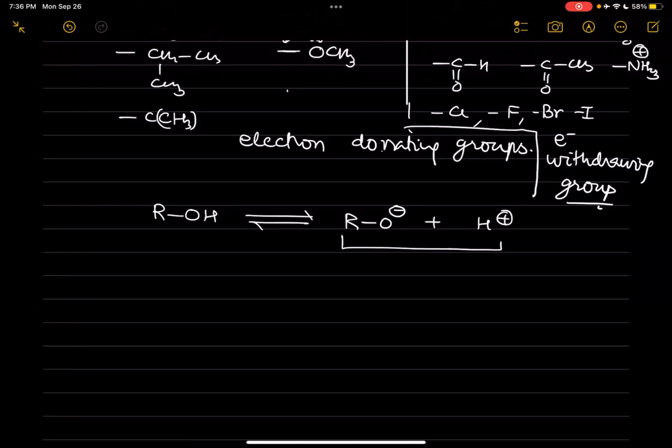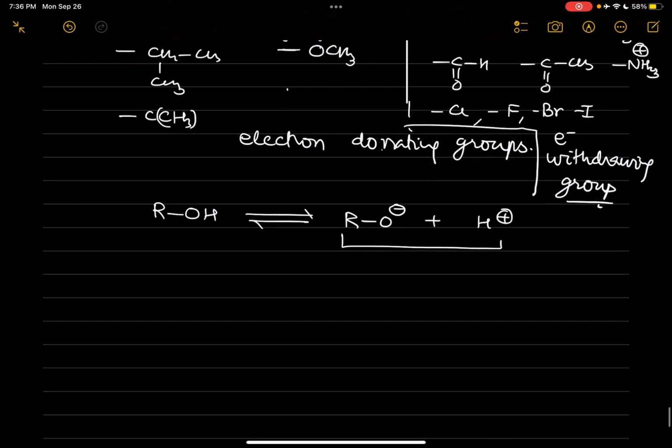And how do you measure the equilibrium constant? Remember from class 11th. Arshin, Ryan, can you tell me how you measure the equilibrium? Any idea?